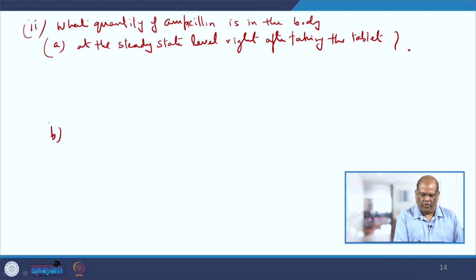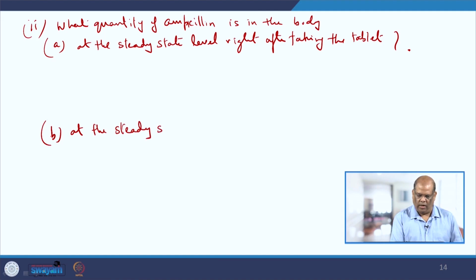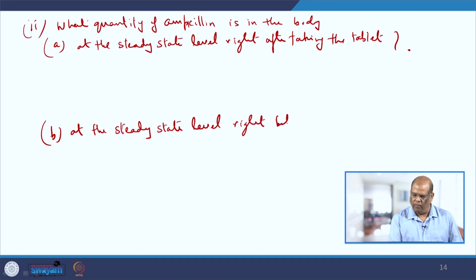And the second question is, at the steady state level right before taking the tablet.